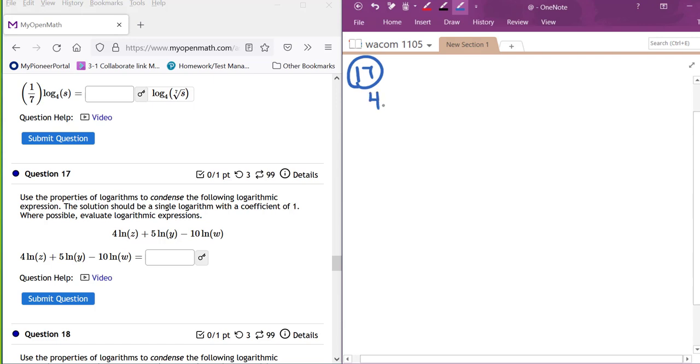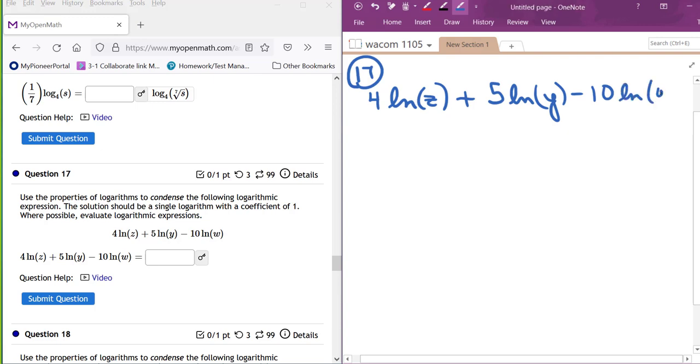So we have 4 natural log of z plus 5 natural log of y minus 10 natural log of w. So exponents will go back on first. So this will be natural log of z to the 4th, natural log of y to the 5th, minus natural log of w to the 10th.